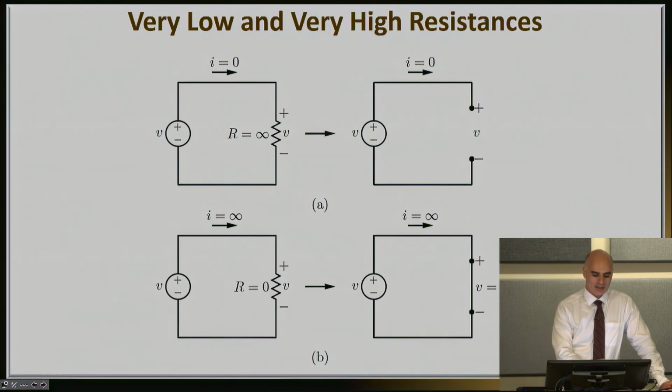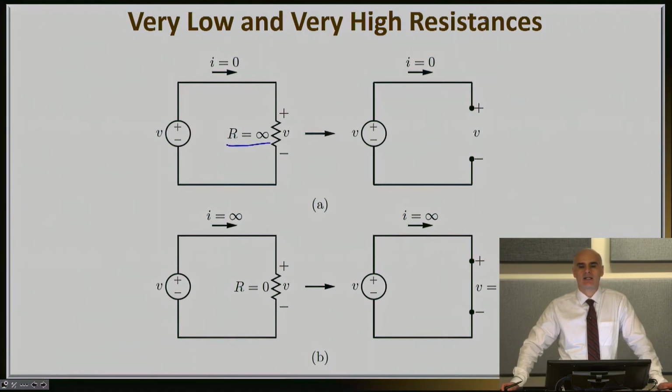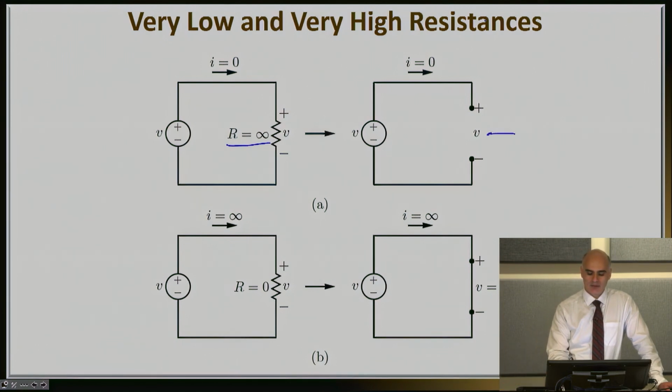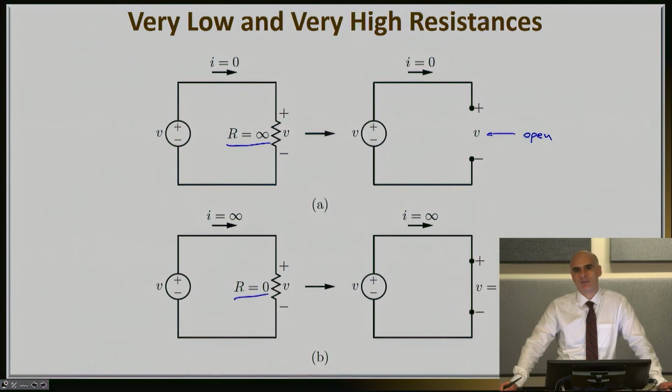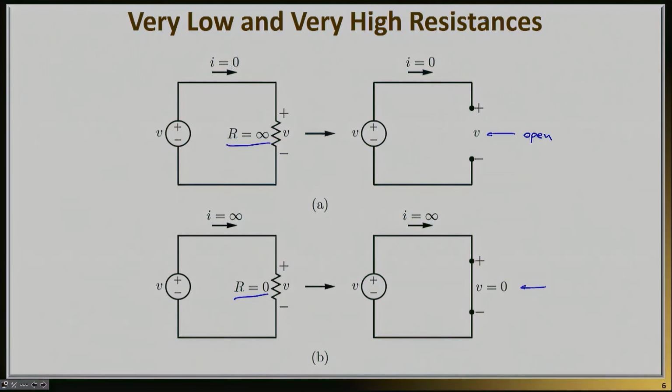So if you see a circuit where it simply says that R is approximately infinity, it means that for all practical purposes, you can ignore that resistance and replace it with an open, with a break. Similarly, if you see a resistance indicated as 0 or approximately 0 in a circuit schematic, it practically means that you are dealing with a short.